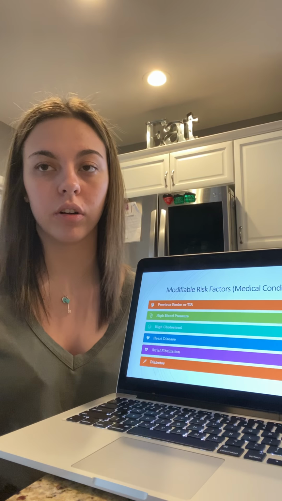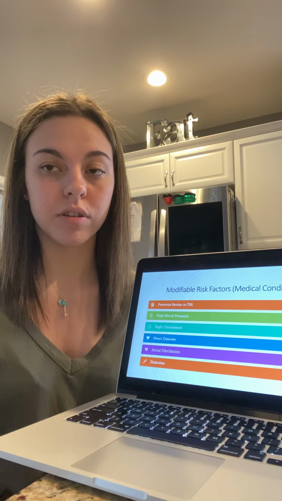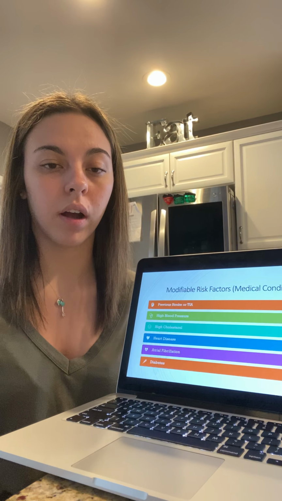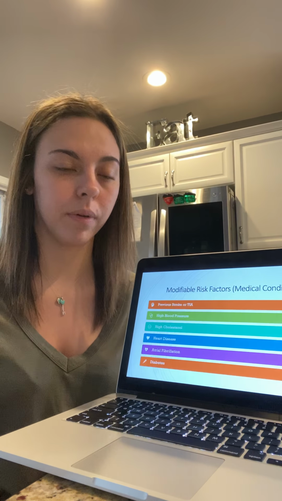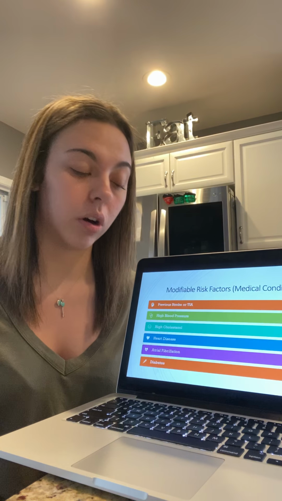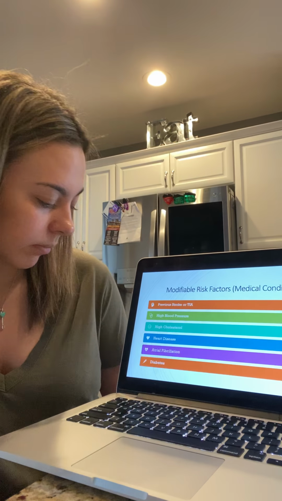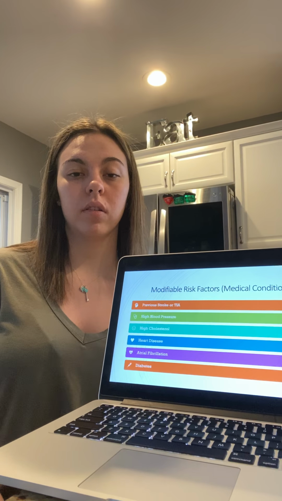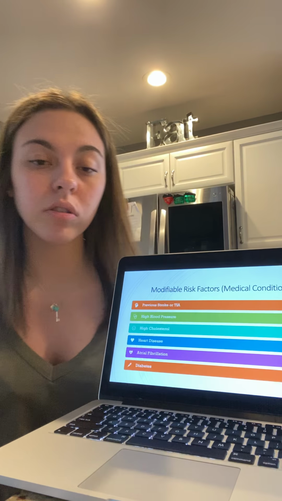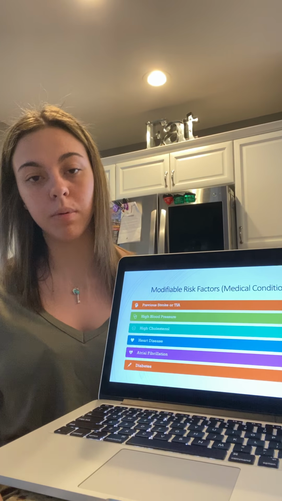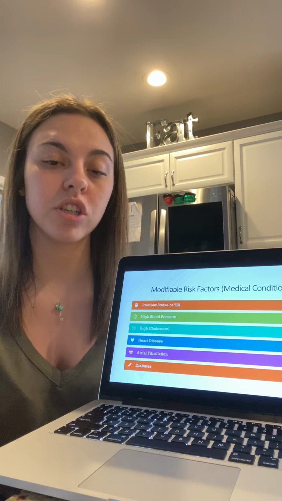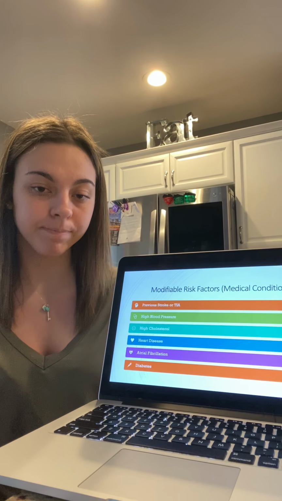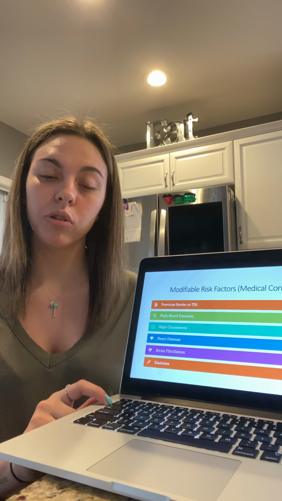Just want to make sure that you're following your doctor's orders and making sure that you are preventing a flare-up of the heart disease, which could later cause a stroke from occurring. AFib is known to cause strokes as well. So most patients who do have AFib are also on medications to prevent a stroke from happening. And also diabetes.